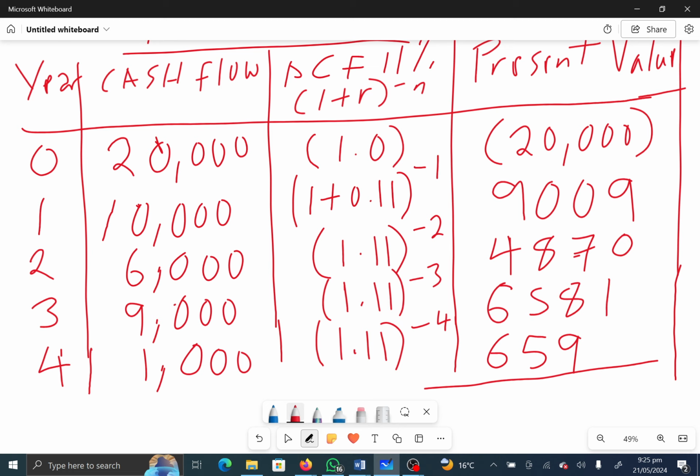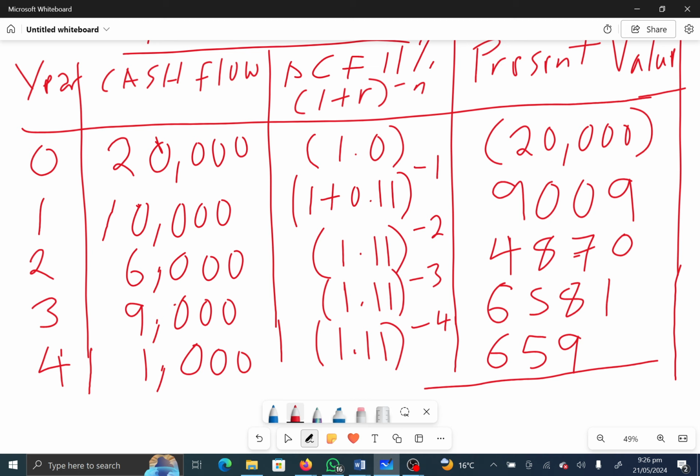So negative 20,000 plus 9,009, plus 4,870, plus 6,581, plus 659.